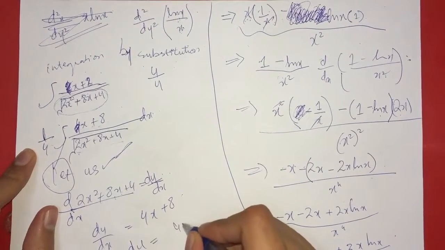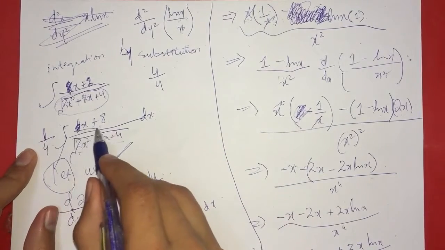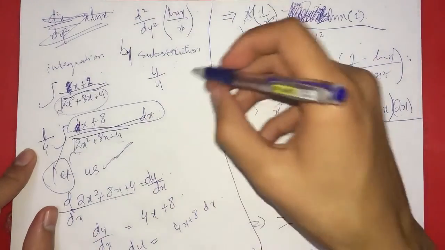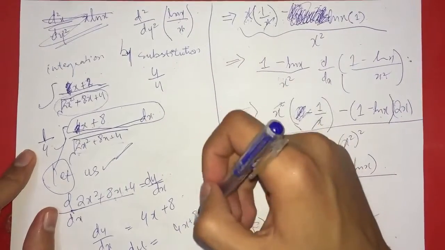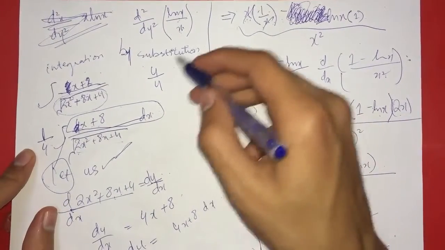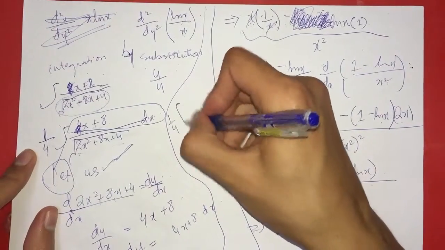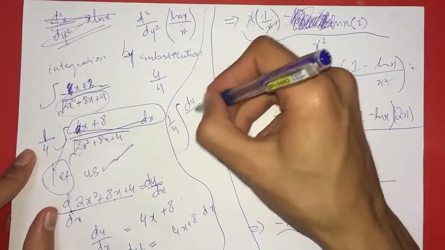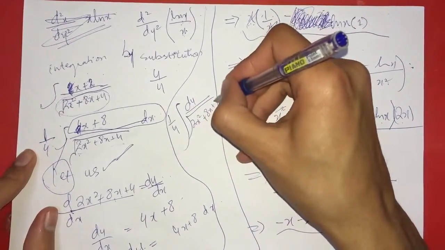Our du is equal to (4x plus 8) dx. Here we can see we have 4x plus 8 dx. We can substitute the value of du here. So we are going to be left with 1 by 4 integration of (4x plus 8) dx, which is du, divided by under root 2x squared plus 8x plus 4.